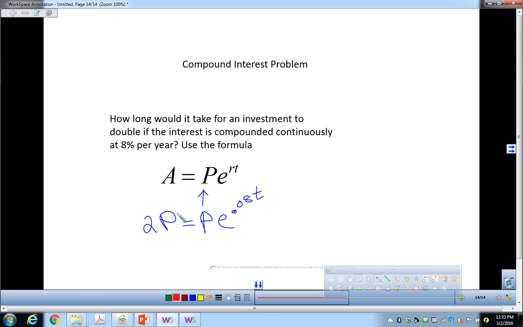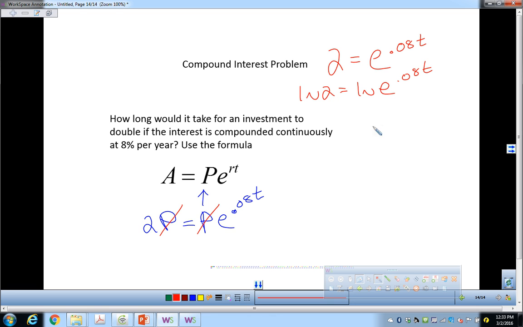Watch what happens to the P's. What can I do with the P on this side, P on that side? Cancel out, right? P's go away, so you get 2 equals e raised to the 0.08 t. How do I solve that? Natural log both sides. Natural log of 2 equals natural log of e to the 0.08 t.